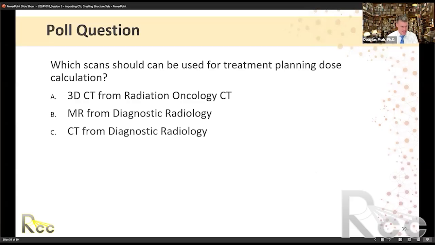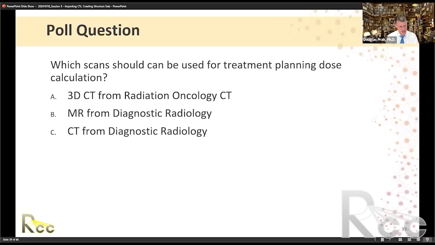Option A here, 3D CT scan from a radiation oncology CT scanner. In this case, our physicists or dosimetrists should have a good handle on what the CT to ED curve is. We know that we have a flat tabletop, and we know that the gantry tilt is 0, and it's in a controlled setting. But what are we going to do about a CT from radiology?